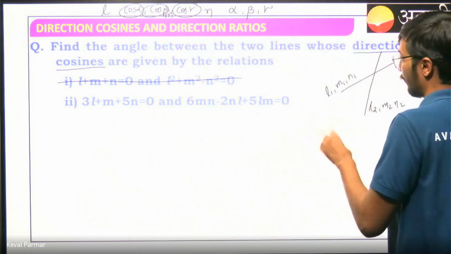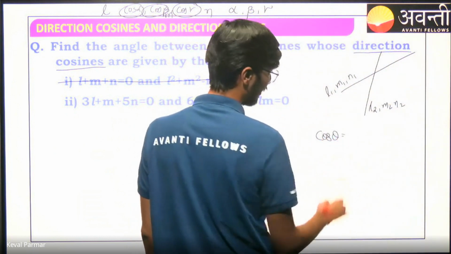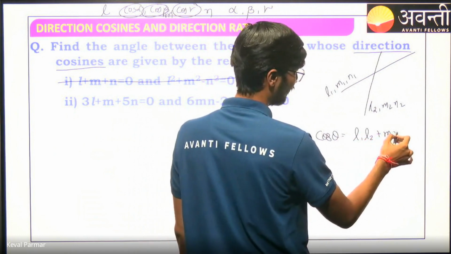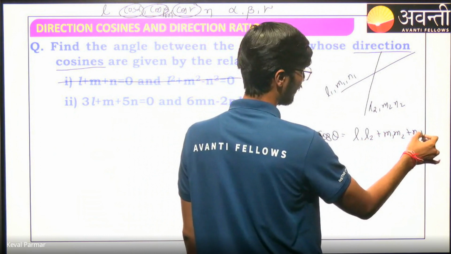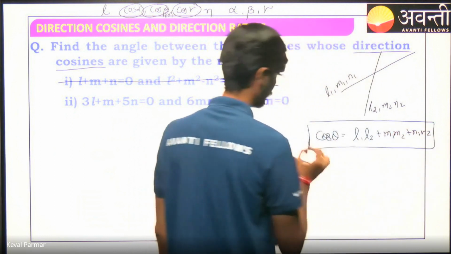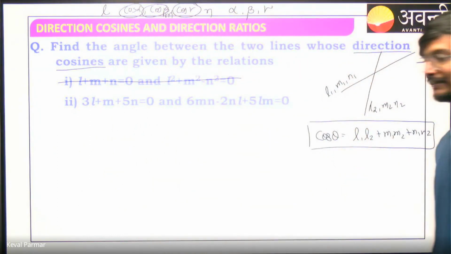So the formula for the angle between them is cos theta equals L1 L2 plus M1 M2 plus N1 N2. So this is the formula for finding the angle.